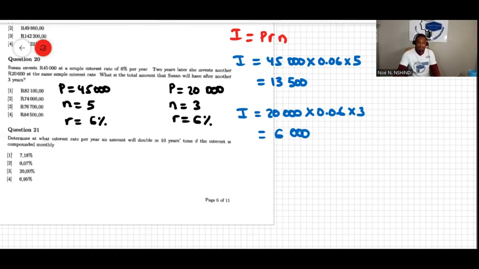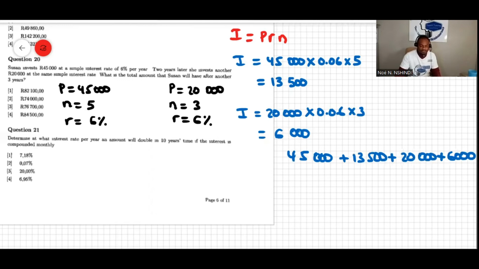Now, what is the total amount that Susan will have after another 3 years? So the total amount will be what? You already have 45,000 rand, plus the interest, which is 13,500. Now, you invest another 20,000 rand plus interest, 6,000. That's the total amount.